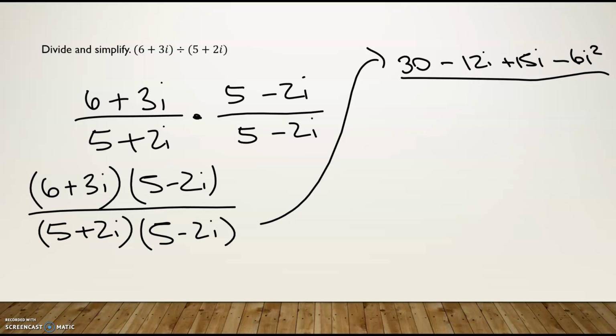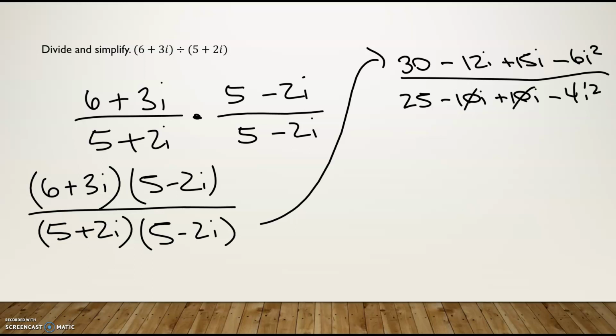All over 5 times 5 is 25. 5 times negative 2i is negative 10i. 2i times 5, positive 10i. 2i times negative 2i, negative 4i squared.